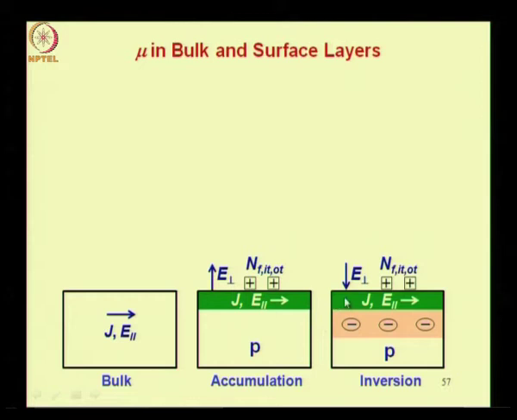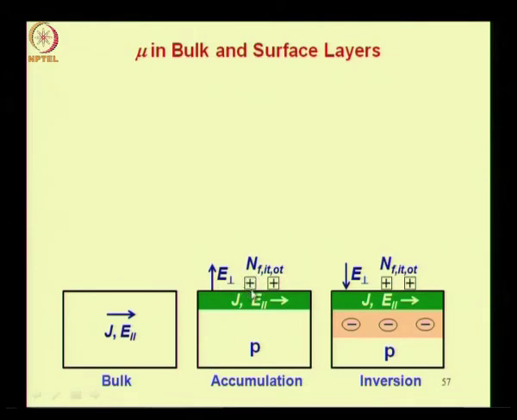In addition, what you find at the surface is that there are charges and states. Now these charges and states are because of the abrupt change in the boundary from the semiconductor to the insulator. In this case, the insulator here can be vacuum or oxide or anything in general for a surface. These charges are separated into three types. N suffix f denotes the fixed charge, and this is denoted by a positive sign with a boundary around it.